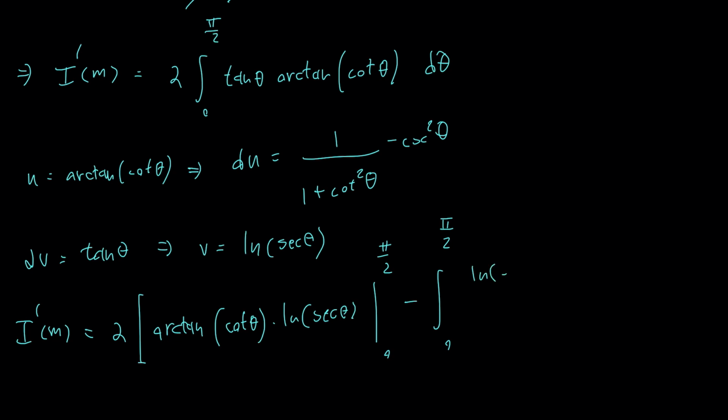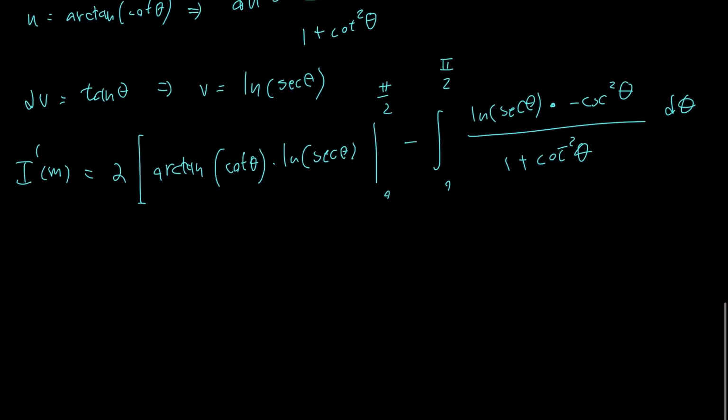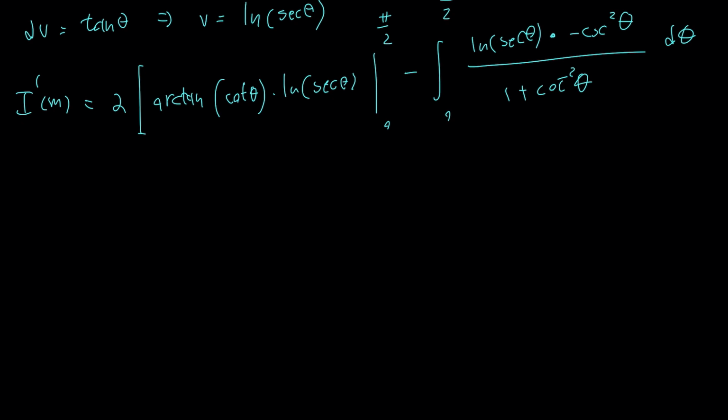So you have the natural log of secant theta times negative cosecant squared theta divided by 1 plus cotangent squared theta d theta. And as theta approaches 0 and theta approaches pi over 2, this limit just ends up being 0.